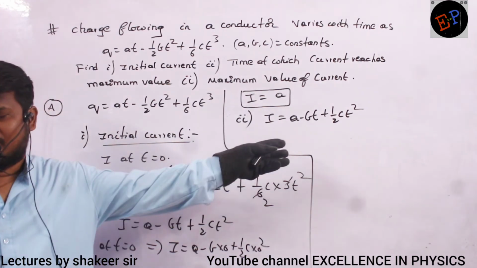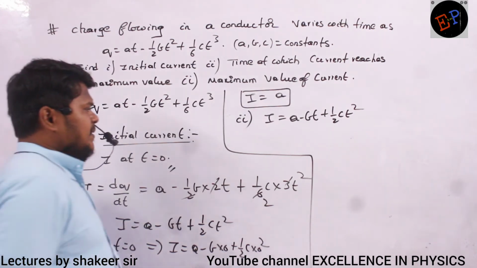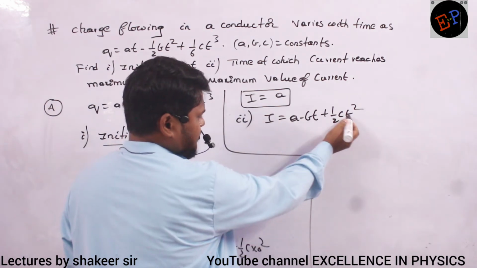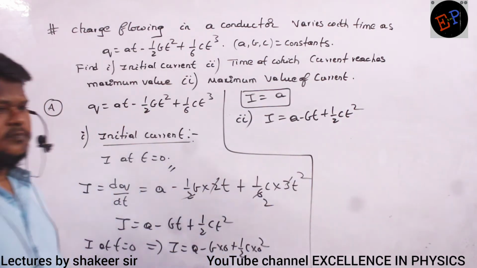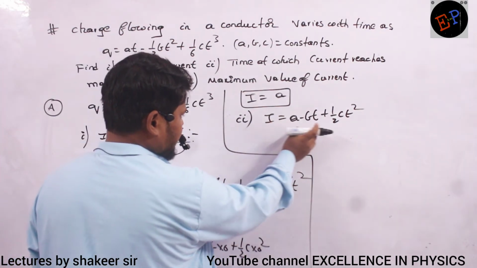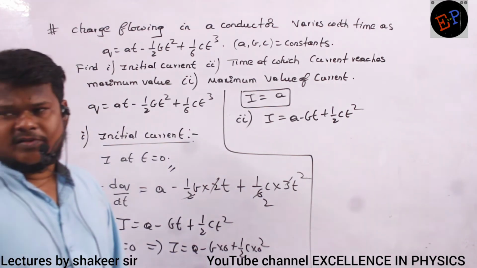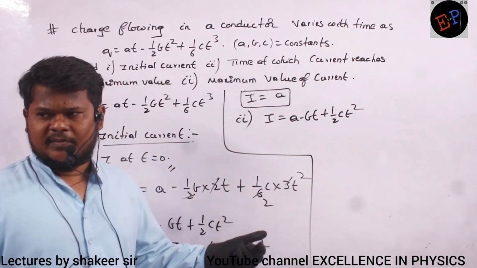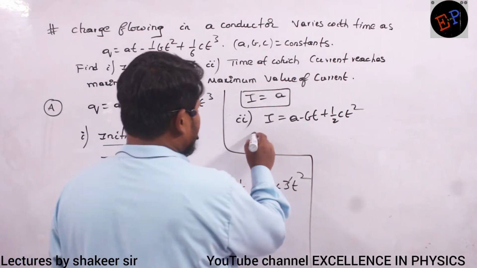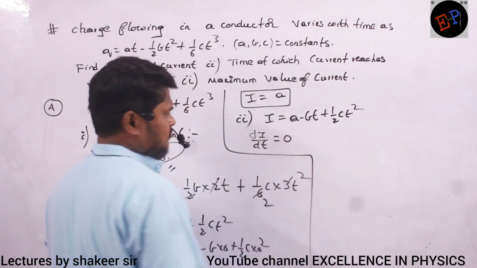I have already told you two times on the board how to do this. Okay, see here, current is varying with respect to what? With respect to time only, no? Clear? So if I do the differentiation of current with respect to time and equate it to 0, then the value will be either maximum or minimum. He is asking maximum value, no? So it will be maximum only. So what is the meaning of this? I will do di by dt and equate this to 0.